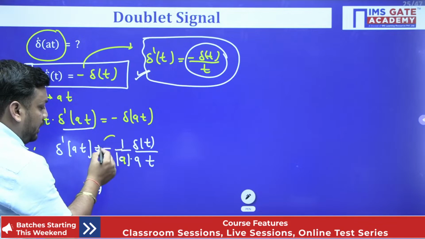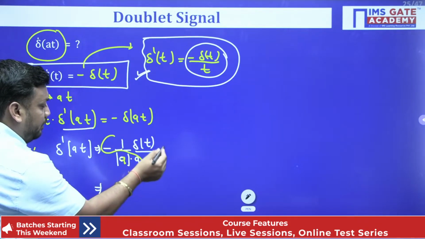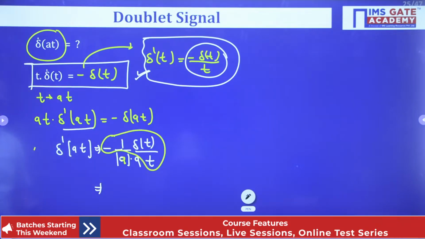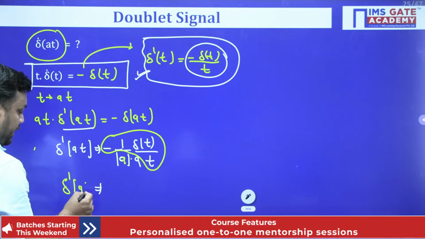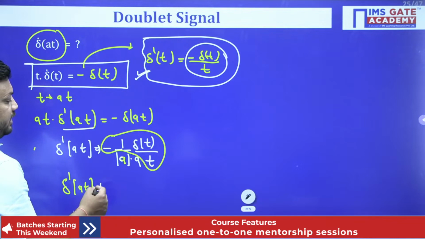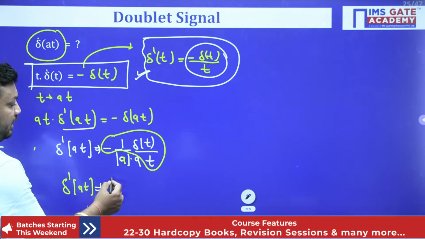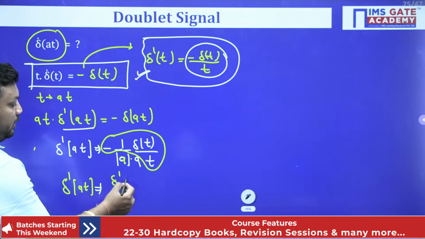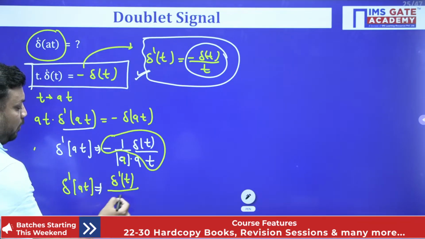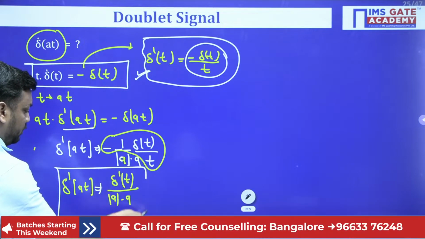It means what you will get till here is minus a del t upon t, which is nothing but del dash t. So the ultimate expression will be del dash at. Del dash at is equal to what, guys? Minus sign is already covered here, so you can replace with del dash t, and you will get mod a into a. So this is the final impulse property, guys.